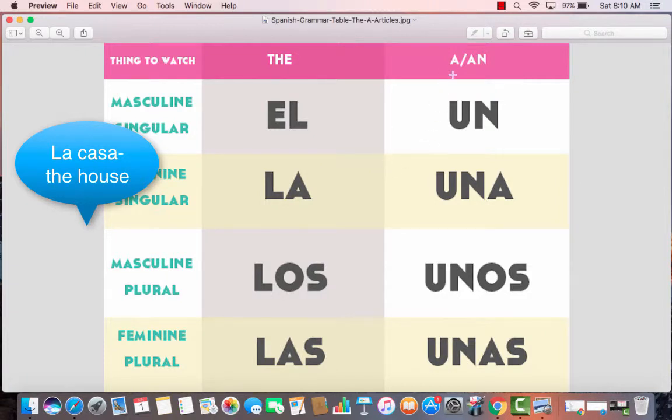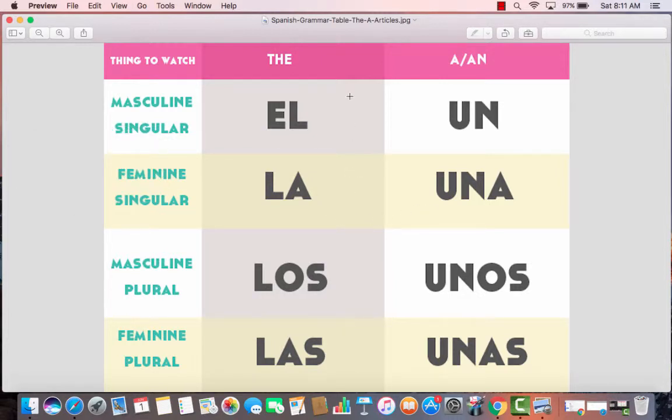And then the indefinite article in Spanish will translate to English as a or an. So for example, if I wanted to say a house, I will say una casa. La casa, the house, una casa, a house. So that's the difference between these two sets of articles.